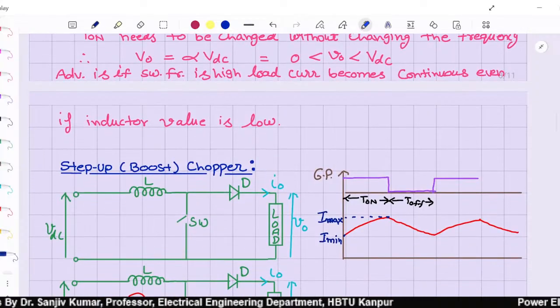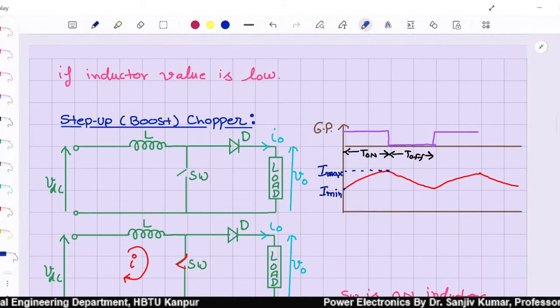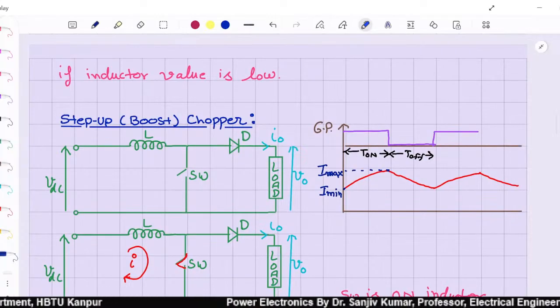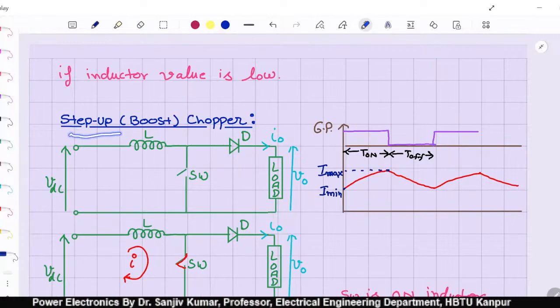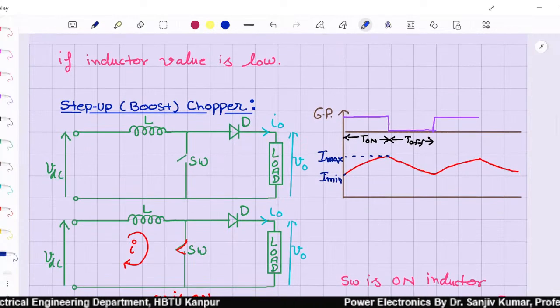Now come to the next type of chopper, which is step up or boost chopper. This is called step up or boost chopper, right? In this, what we do, we change the duty cycle such that the output voltage gets increased.